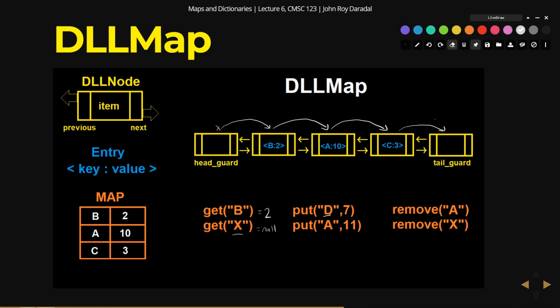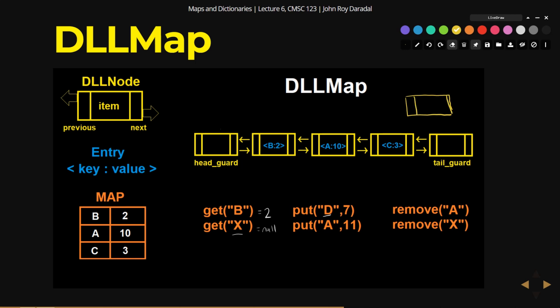So we are sure that D does not exist. So what will we do in this case? In this case, it is safe to add the D7 entry as a new entry in the map, right? So we will add a new entry. So we'll create a new node here, a new DLL node at the end.